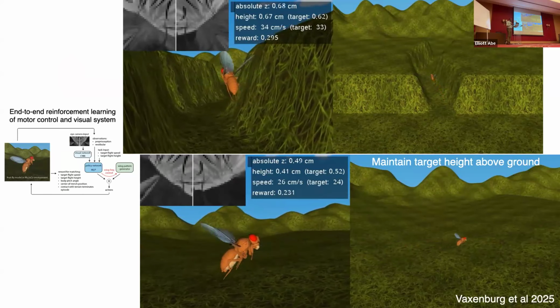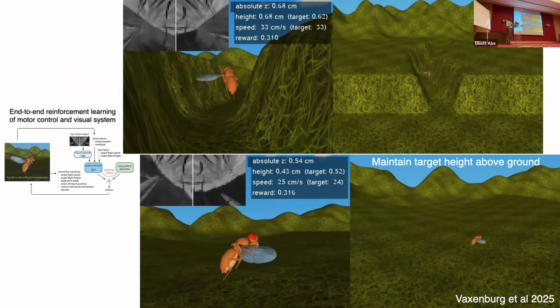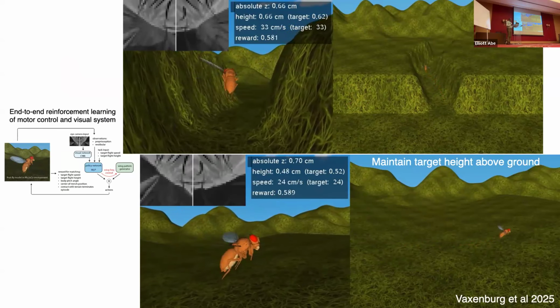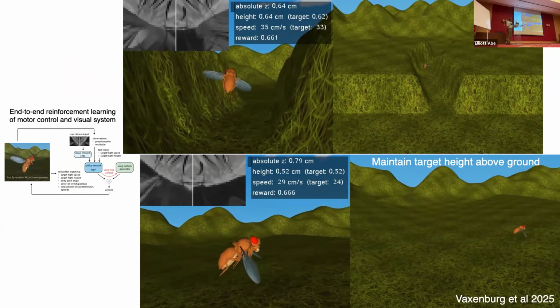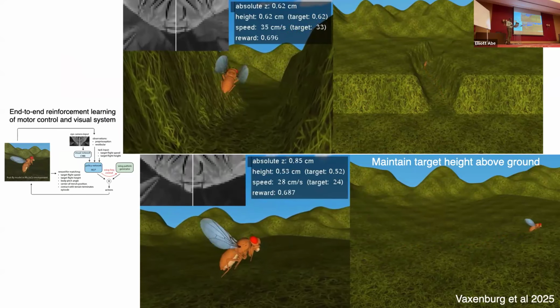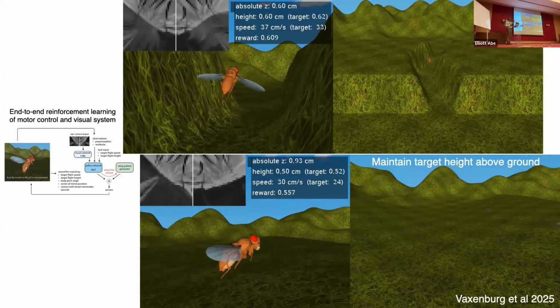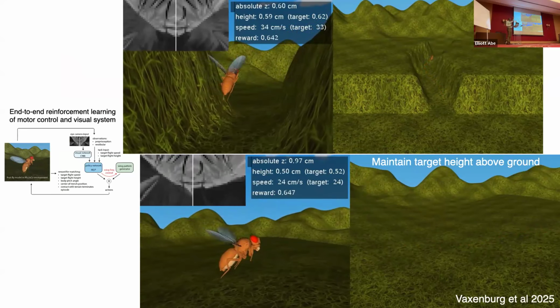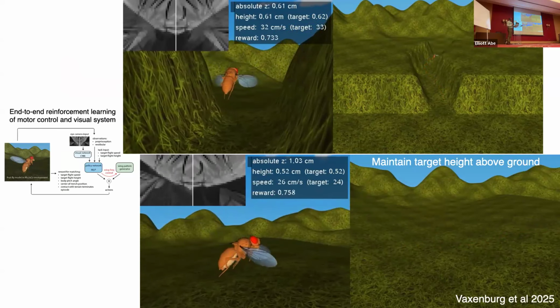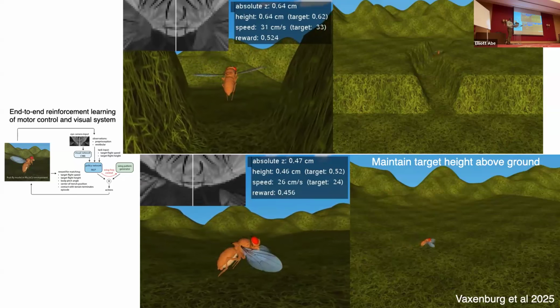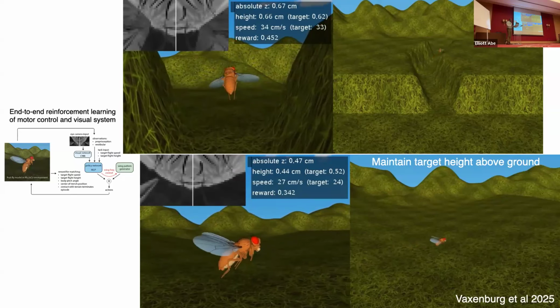Use your visual system to navigate through this ravine and try not to crash into the walls. That's the top. At the bottom, flies like to maintain a particular height above the ground. They don't like to blow off all the way or go too close to the surface. So this is, again, visually regulating your height.